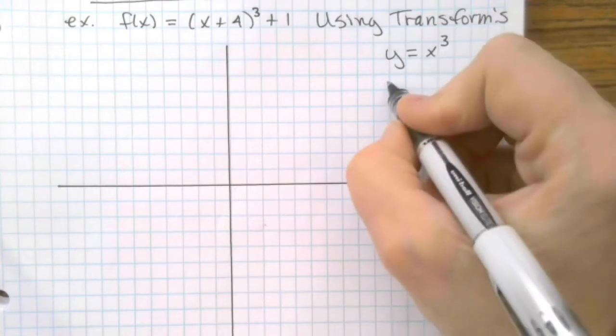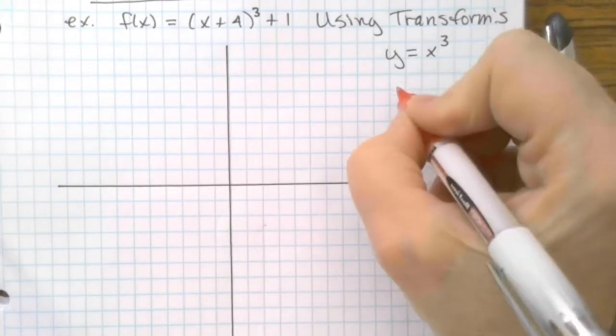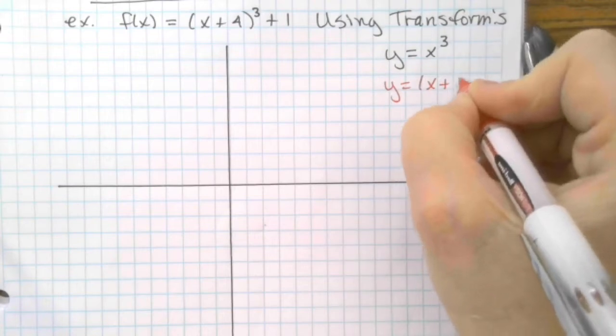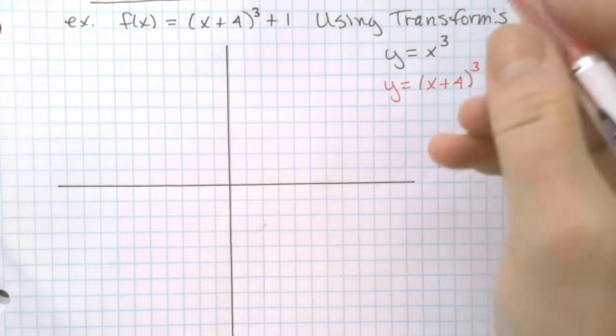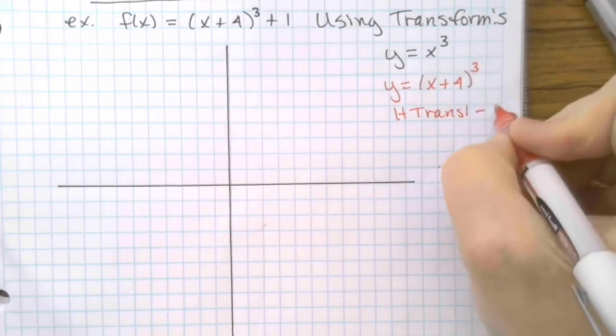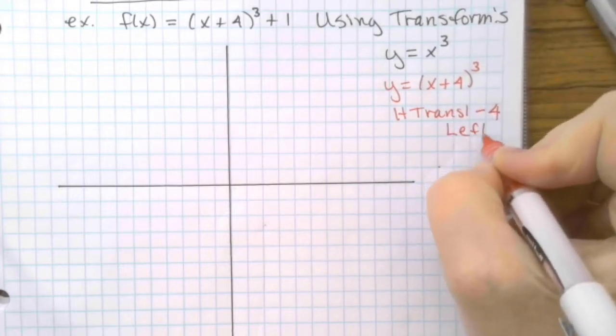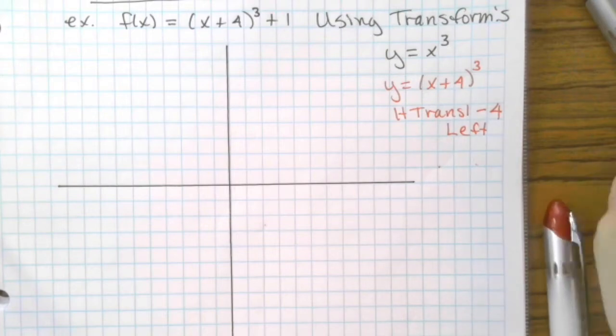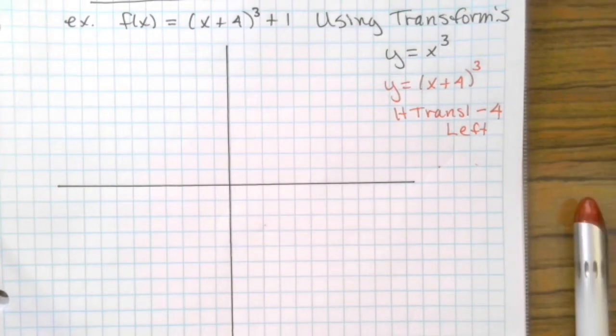In this case, we've got x plus 4, which is a horizontal translation, negative 4 to the left. Remember, it's always opposite.